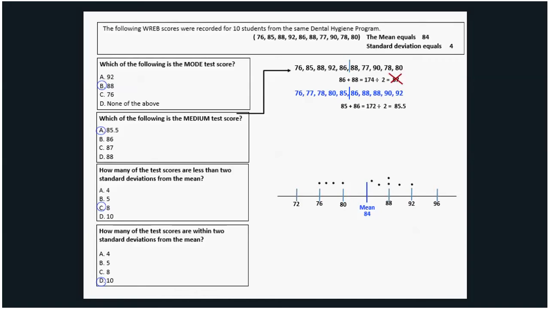Now, in looking at this, we're looking at the curve, and it's not a bell-shaped curve because we've got more on the right side of the mean than we do on the left side. So what we need to look at here is how this particular distribution of numbers is skewed.